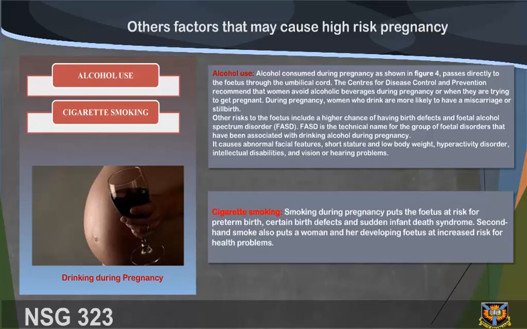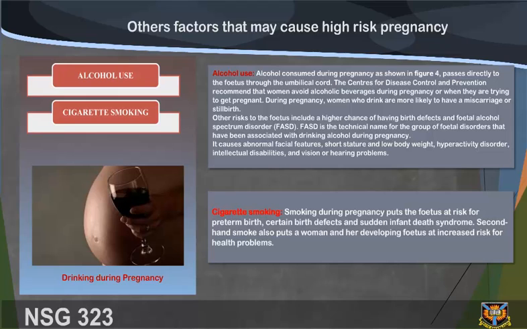Alcohol use. Alcohol consumed during pregnancy, as shown in Figure 4, passes directly to the fetus through the umbilical cord. The Centers for Disease Control and Prevention recommend that women avoid alcoholic beverages during pregnancy or when they are trying to get pregnant. During pregnancy, women who drink are more likely to have a miscarriage or stillbirth.